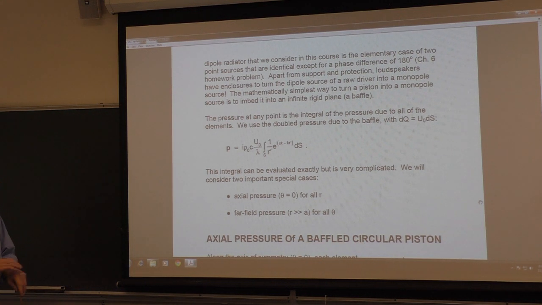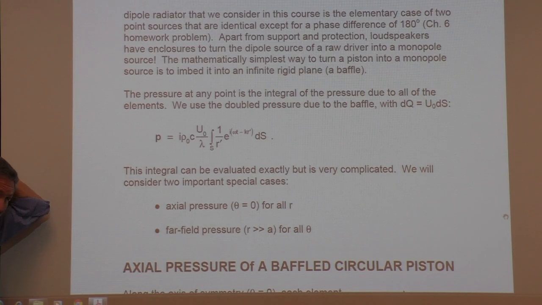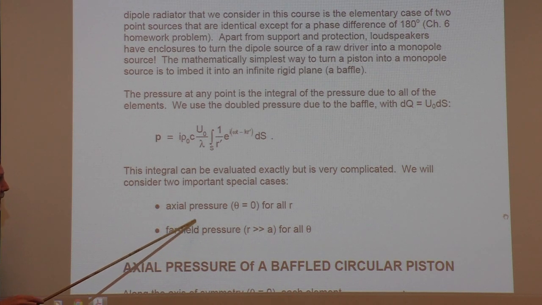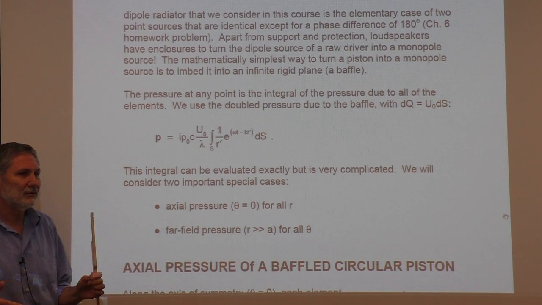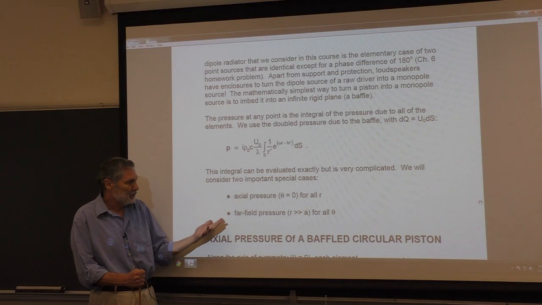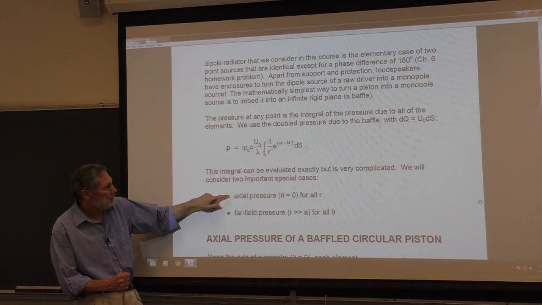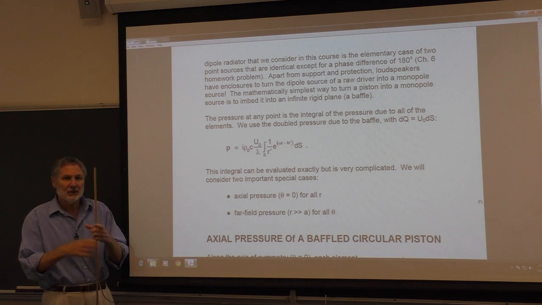Now, this is a serious problem. We're going to get a lot of mileage out of this. So we're going to look at two cases here. And of course, we want to look at the far field. This is the overwhelming application of most sources. But before we do that, we want to look along the axis, along the z-axis.